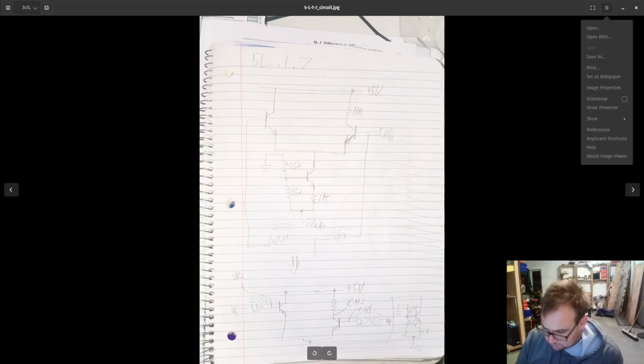Then test the consistency of it with a triangle as input. Second, move the collector resistor from 10K to 1.5K. We actually remove this 10 kilo ohm resistor and put in a 1.5 kilo ohm instead.